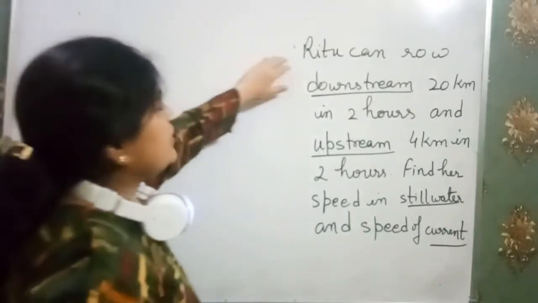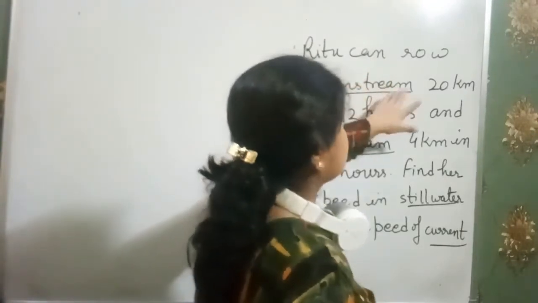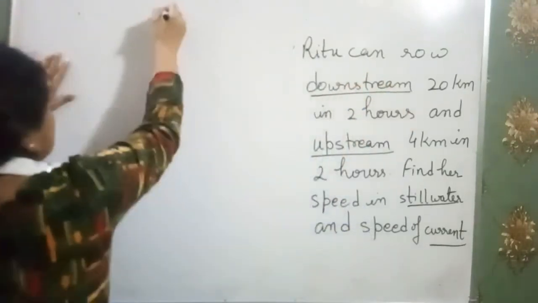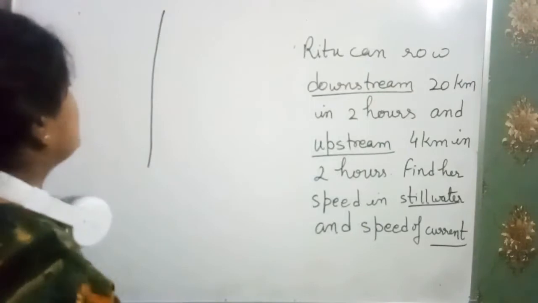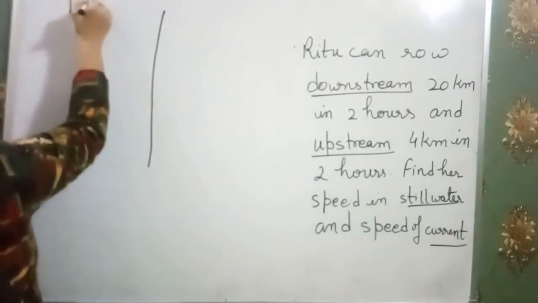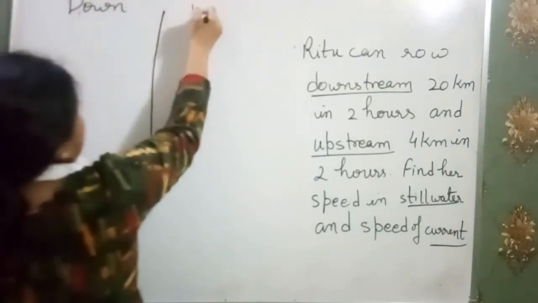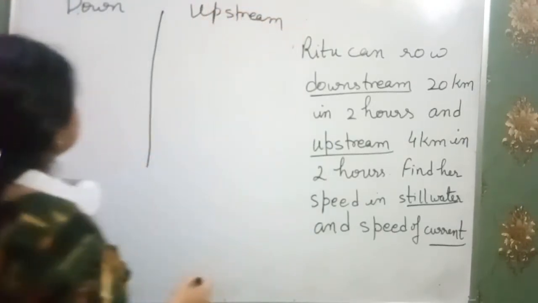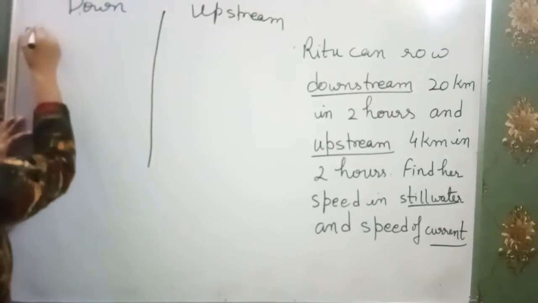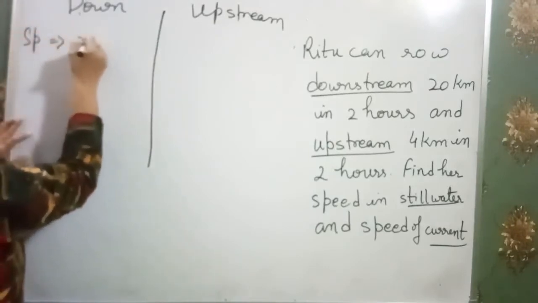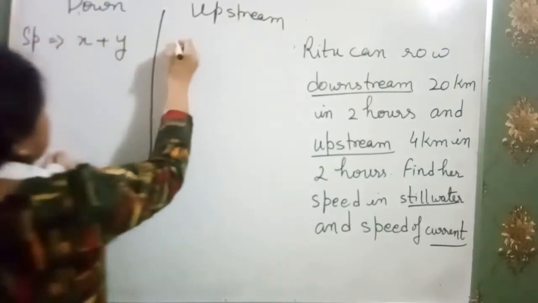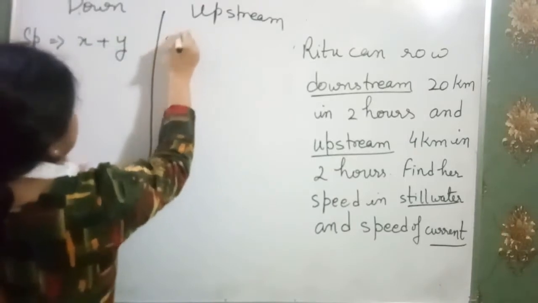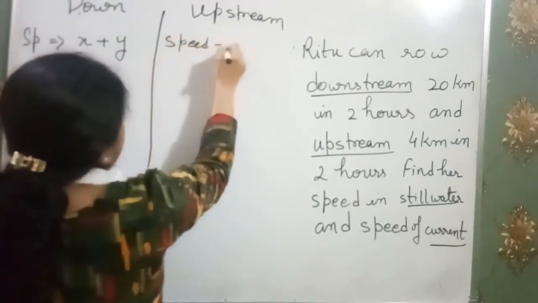Now, Ritu can row downstream. Firstly, solve in tabular form, downstream and upstream. In downstream speed we add, and in upstream speed we subtract.